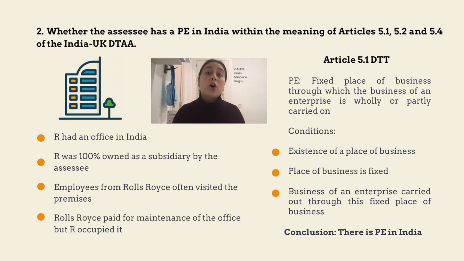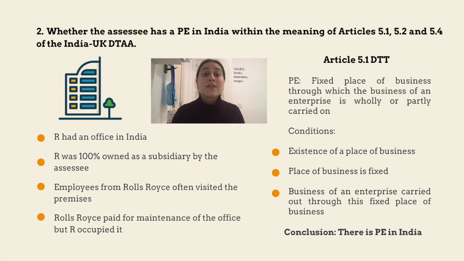Corporation R was 100% owned as a subsidiary by Rolls-Royce, the employees from Rolls-Royce could and often did visit the premises of Corporation R in India, and even though Rolls-Royce maintained the premises and paid for the operation and maintenance expenses, the premises were always occupied by Corporation R.